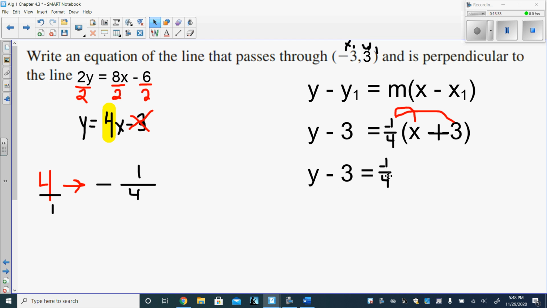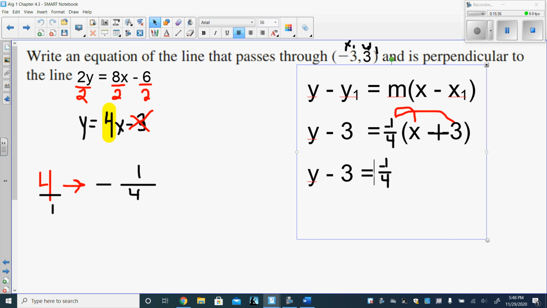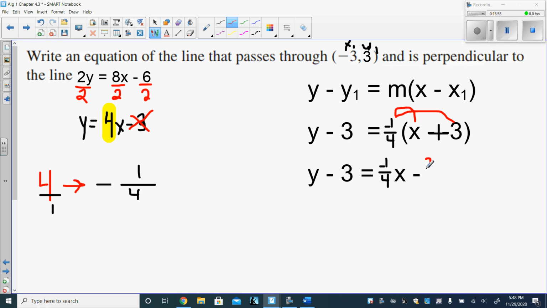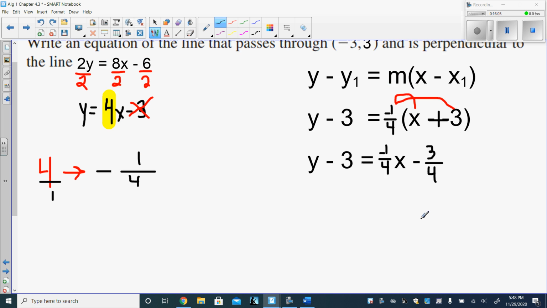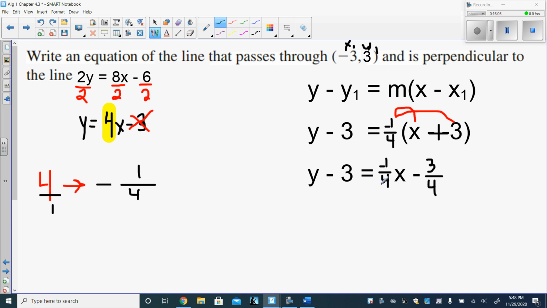Grab our negative 1/4 and move it over here, because when we do negative 1/4 times x, we get negative 1/4 x. And negative 1/4 times positive 3, well, the negative and a positive is going to make a negative. And 1/4 times 3 is going to give us 3/4. So we're going to have 3 over 4.